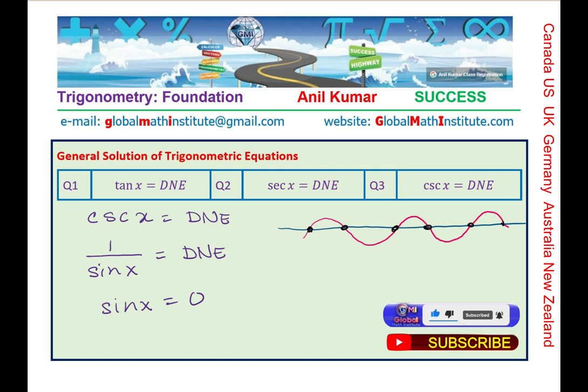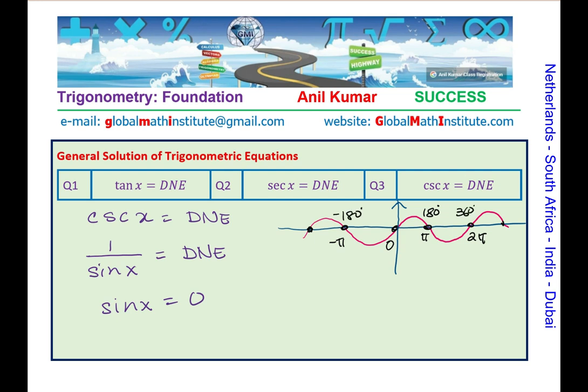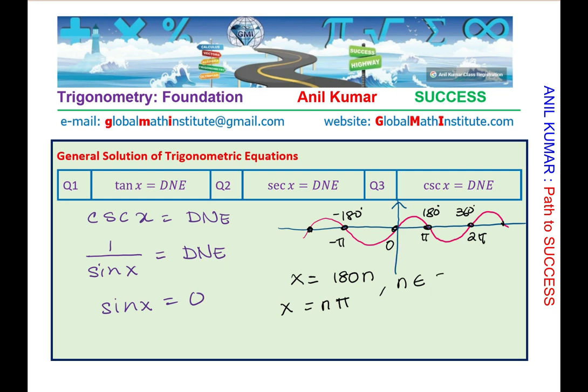Let's say this is 0, this is pi, 2 pi, minus pi. You may write 180 degrees, 360 degrees, and so on, minus 180 degrees. So you can see that it is a multiple of 180 degrees. So we can write x equals 180 times n, or n pi, where n belongs to the set of integers.